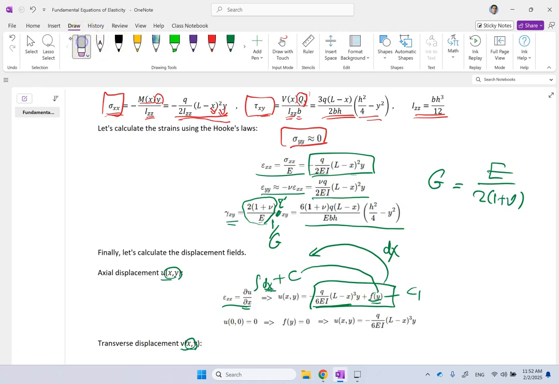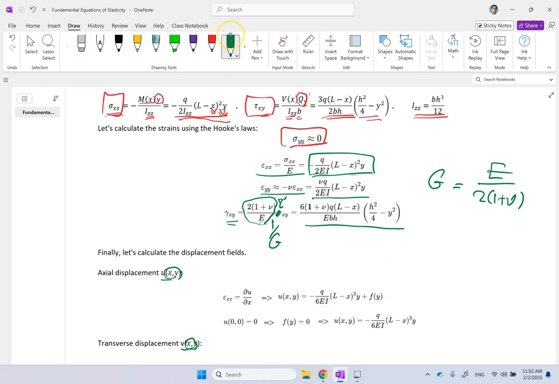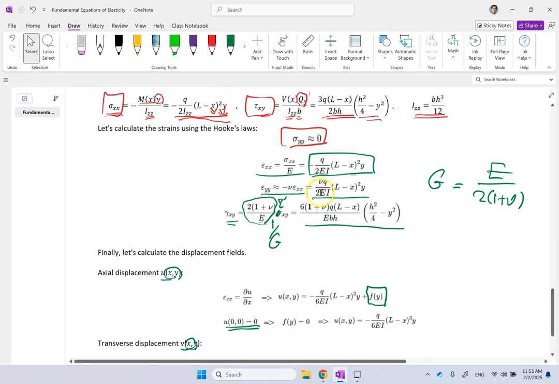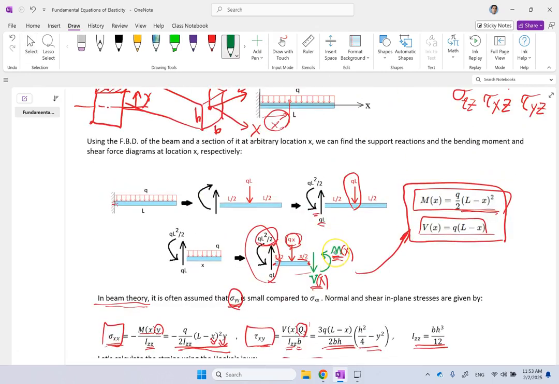And the question is now, what is that f(y) function? We have to find that constant of integration. For that, you need to apply a boundary condition. What is the boundary condition? At point 0, 0, at the root of the beam on the left side, there is no displacement. This point is fixed.